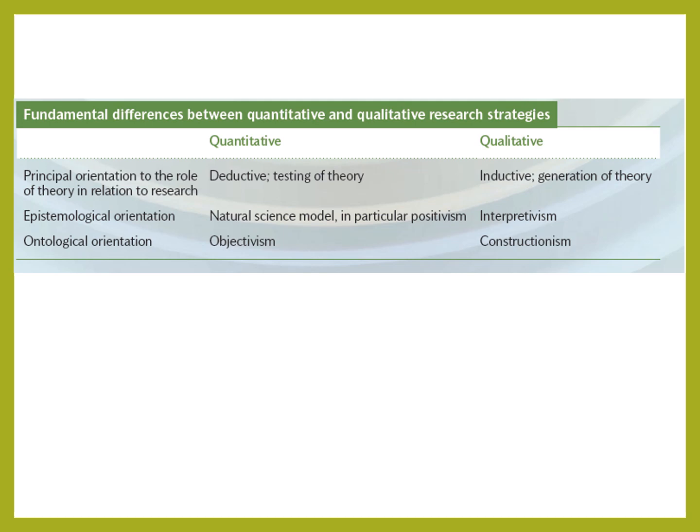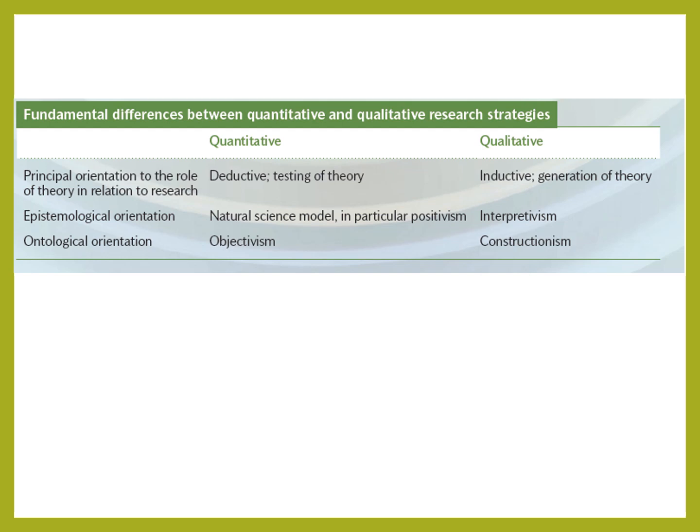It incorporates the practices and norms of the natural scientific model and of positivism, and in particular embodies a view of social reality as an external objective reality, which is that ontological orientation we call objectivism.